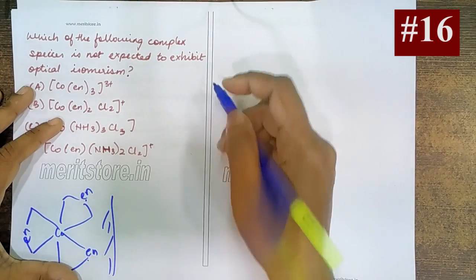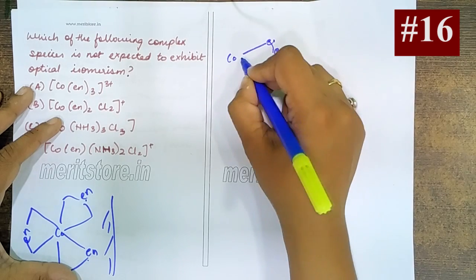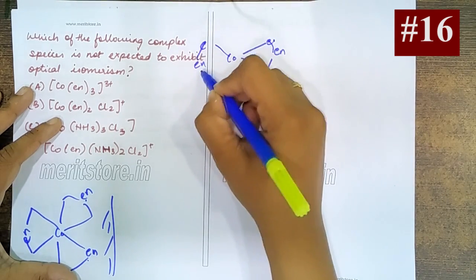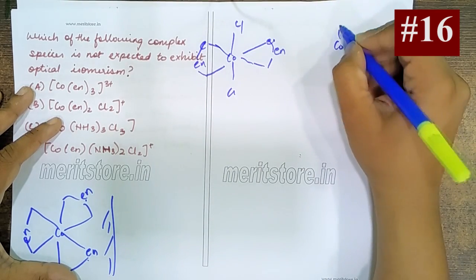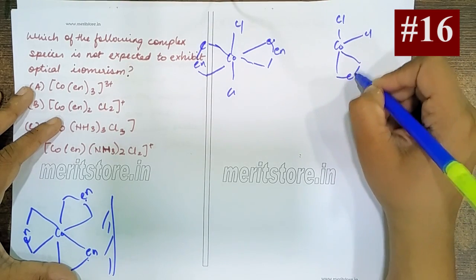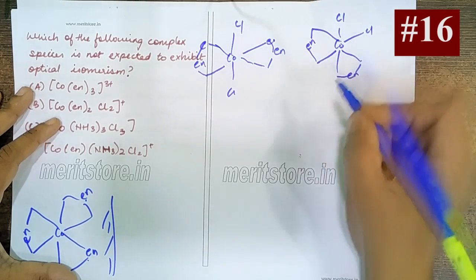If we talk about the trans form, it is not having optical isomerism, but when we have a cis form of this, obviously we are expecting that it will contain the optical isomer. So with this formula, optical isomerism is possible.